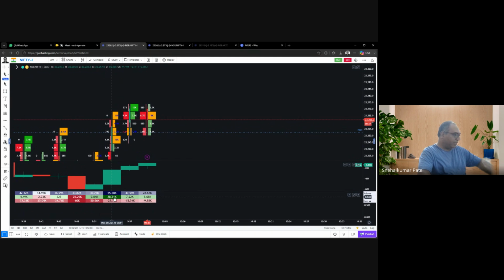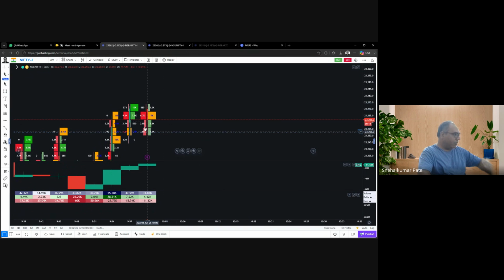So this is a significant number. Let's say if this number was around 35,000 or 40,000, then we would be thinking that yes, clearly buyers are trying to overpower sellers. But then we will still wait for the next candle to see what is happening, because even after the heavy buying, the sellers can dominate.